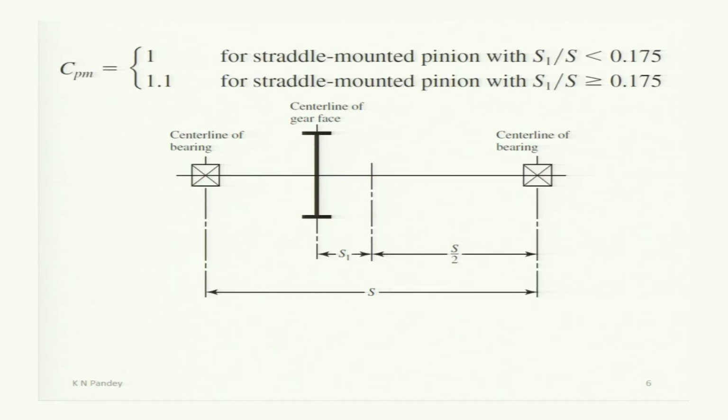Now, the next factor in the Km equation is Cpm, and that should be taken as 1 for straddle mounted pinion with S1 divided by S less than 0.0175. Now, see what is this straddle mounted? We have a shaft here, and this shaft is supported by these two bearings.